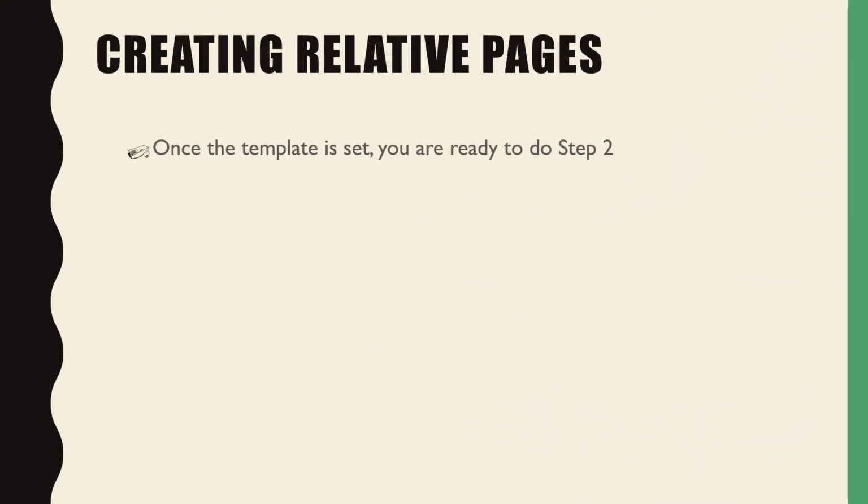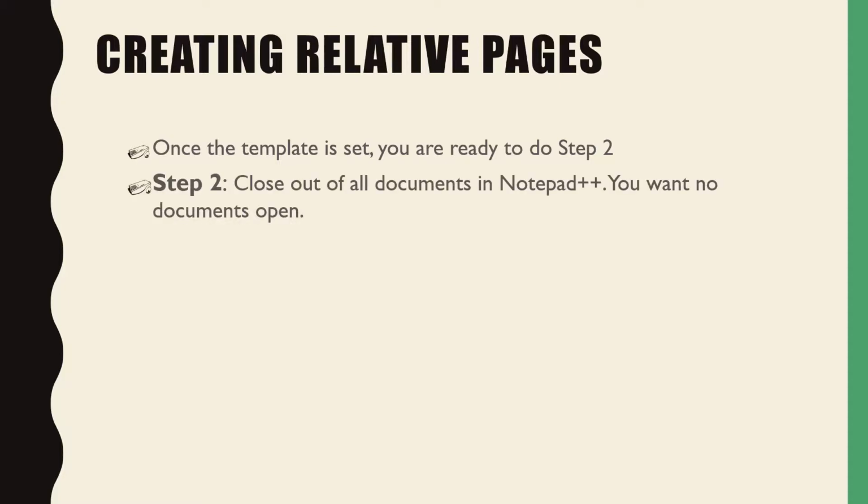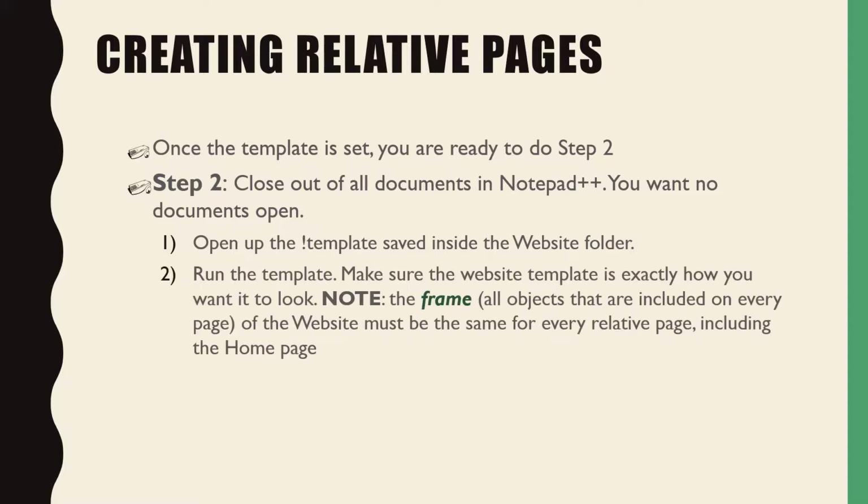Once the template is set, you are ready to do step 2. Step 2. Close out of all documents in Notepad++. You want no documents open. Then you will open up the template that you just saved inside the website folder. Run the template. Make sure the website template is exactly how you want it to look.